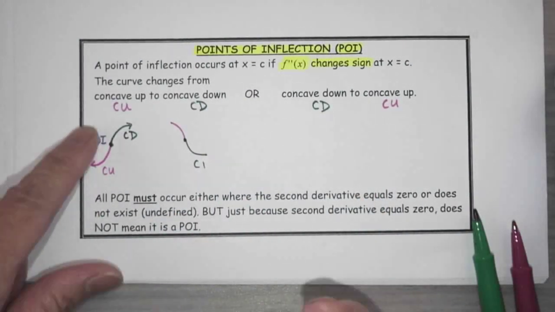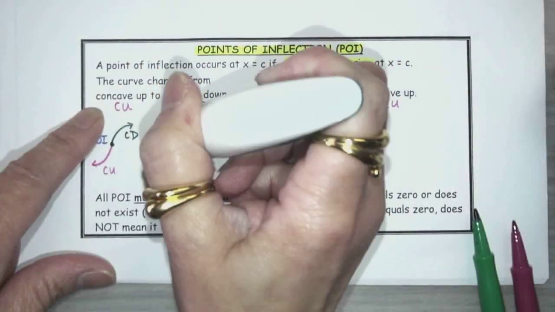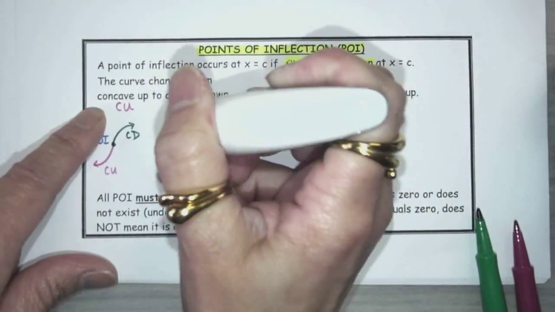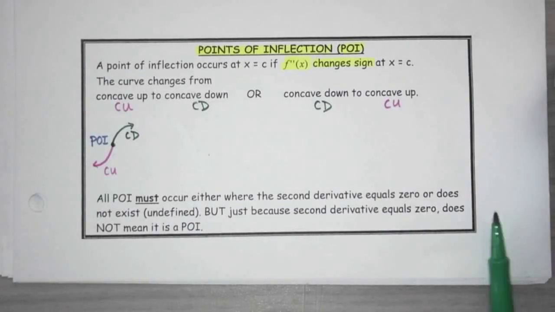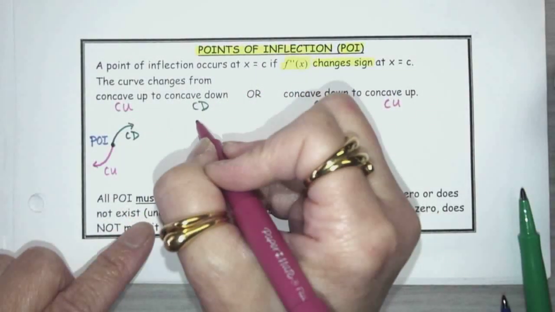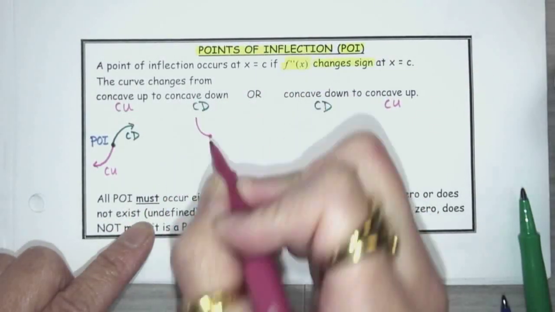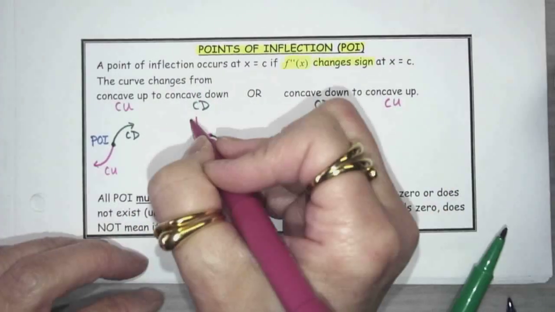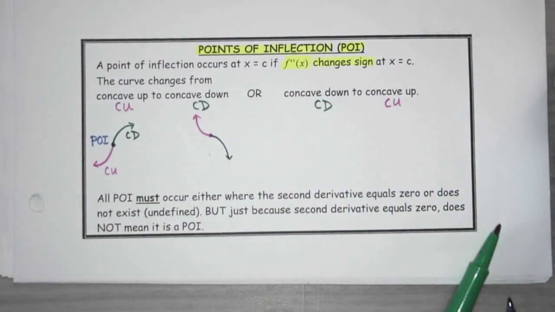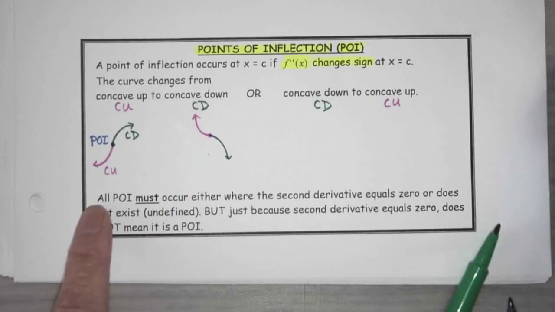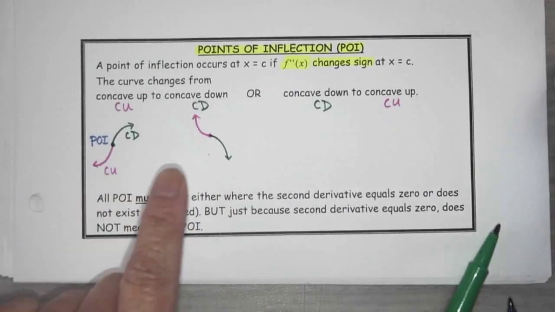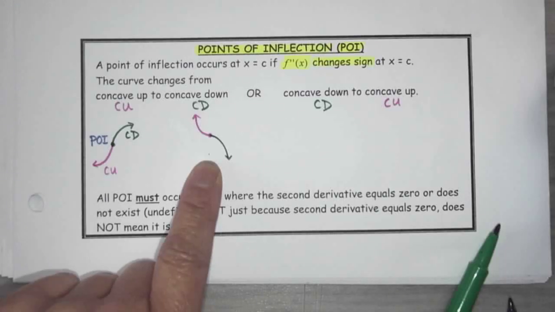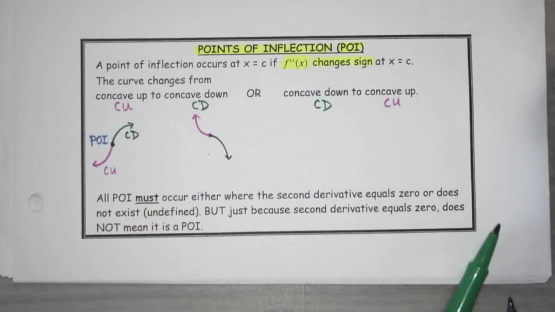So I want concave up, and then concave down. But it's decreasing. So both of those are satisfying the concave up, concave down, but I don't know what's happening unless I know if it's an increasing graph or a decreasing graph.